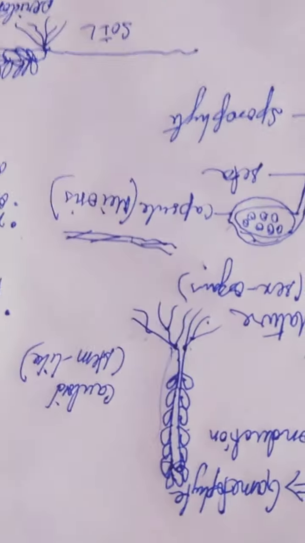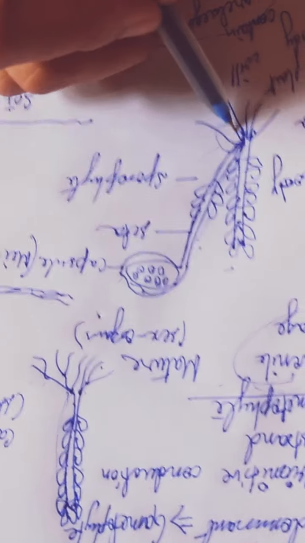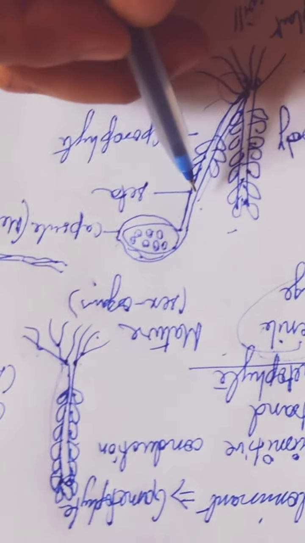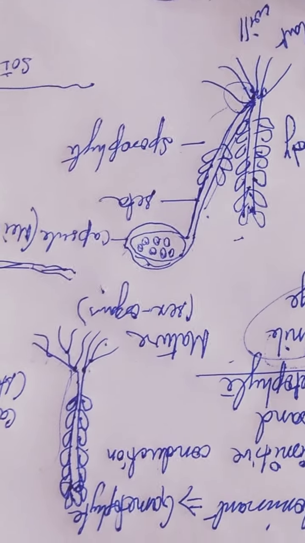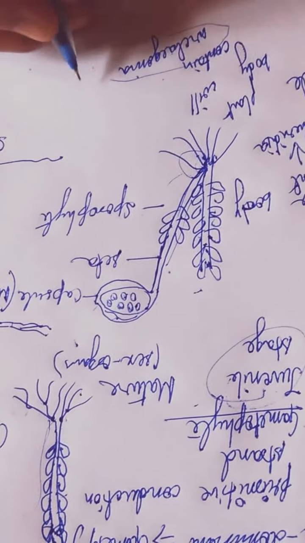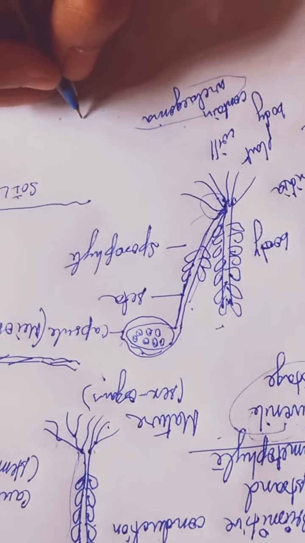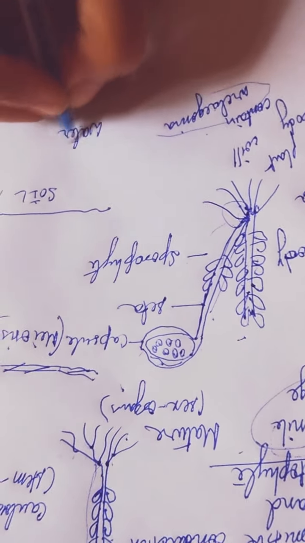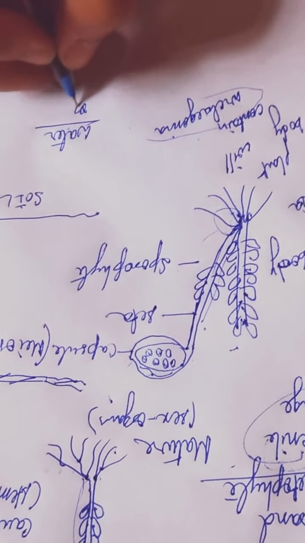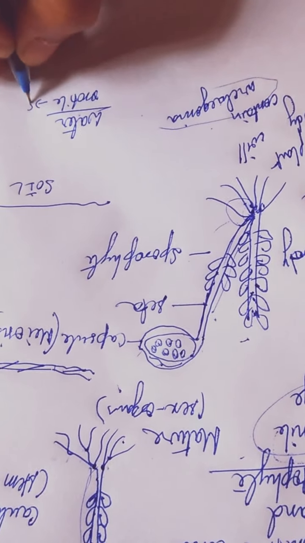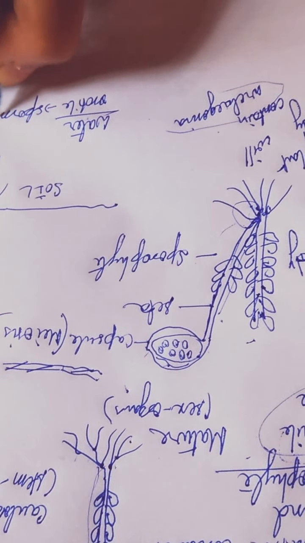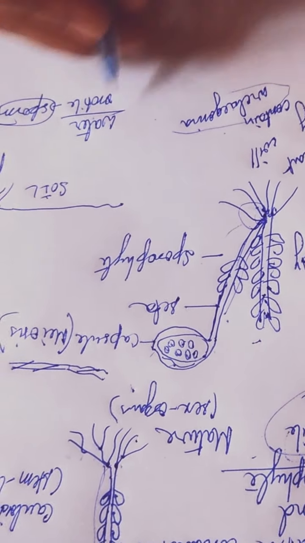As the female archegonium has been formed, it gets fertilized by the motile sperm cells of the antheridium, and here the medium of movement is water. So water is a very important source for movement of motile sperm cells, and these sperm cells are basically the antheridial cells.